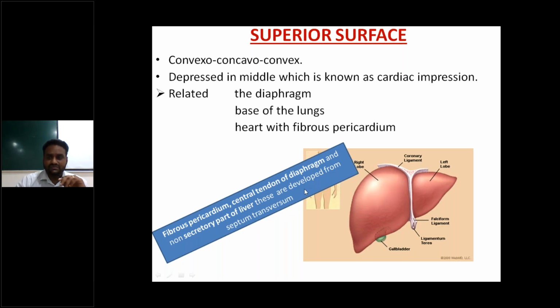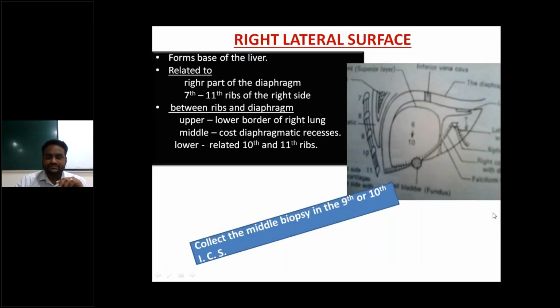So this is the oral question regarding the superior surface: fibrous pericardium of the heart, central tendon of diaphragm, and connective tissue of liver. These three structures are developed from a common source, called the septum transversum. So this is about the superior surface.